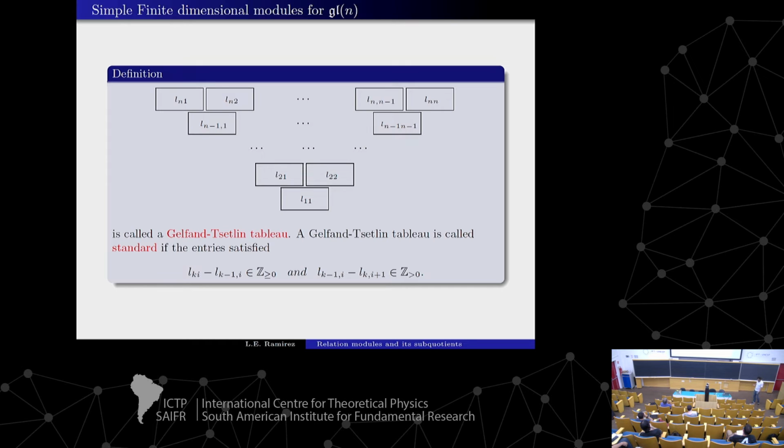The construction depends on certain elements called Gelfand-Tsetlin tableaux, and a nice action on these Gelfand-Tsetlin tableaux. So I will just write some of the ingredients here that I will use during the talk.